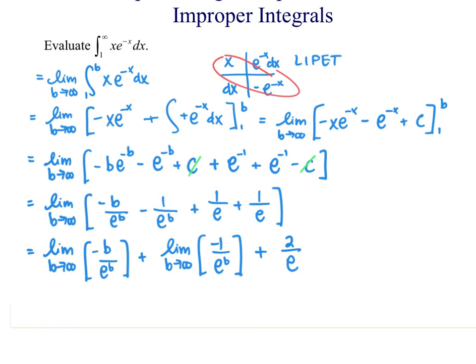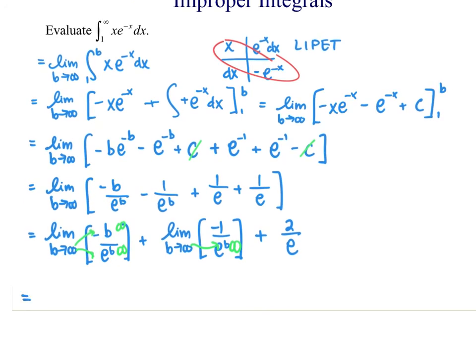All right, let's evaluate. We'll plug in infinity. We have infinity over infinity. That's an indeterminate form. If I plug infinity in here, I'm going to have negative 1 over infinity, so that would be 0. So the only one I need L'Hopital for is this first one. And so L'Hopital tells me negative 1 over e to the b. And then I've got plus negative 1 over infinity, which is 0.